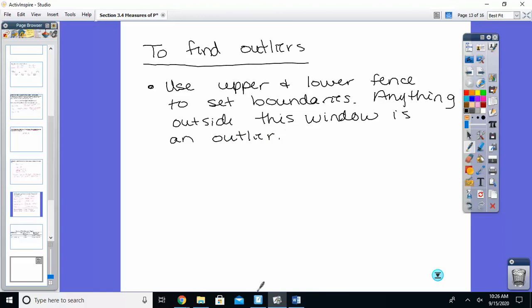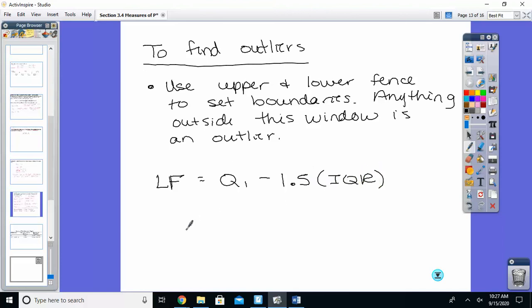If you look, your formula sheet does tell you how to find the upper and the lower fence. The lower fence is your quartile 1 minus 1.5 times the interquartile range.